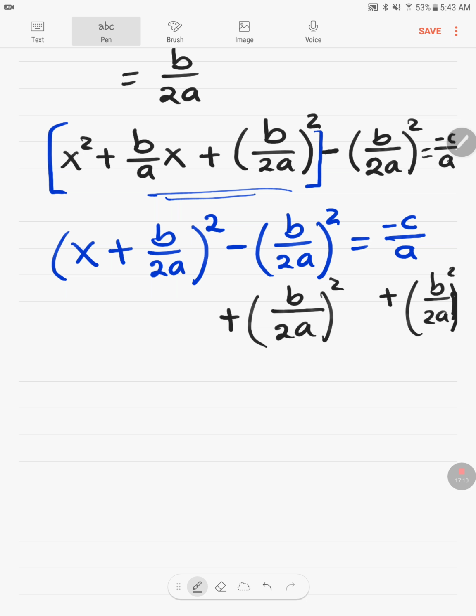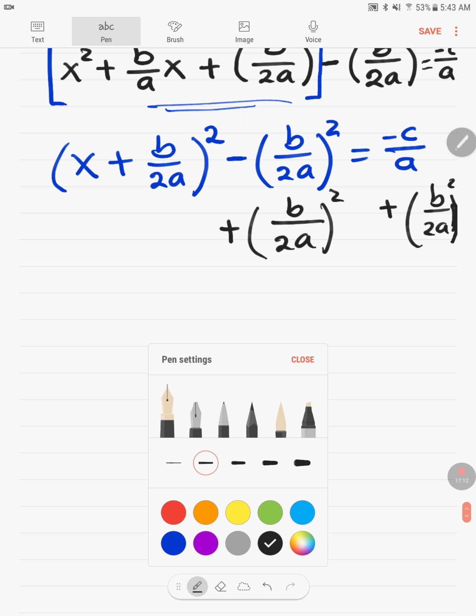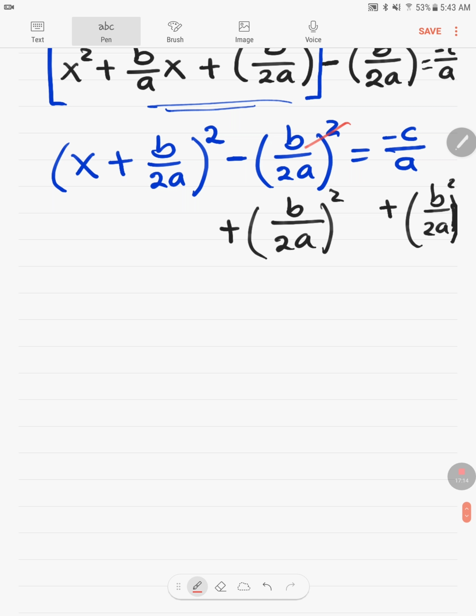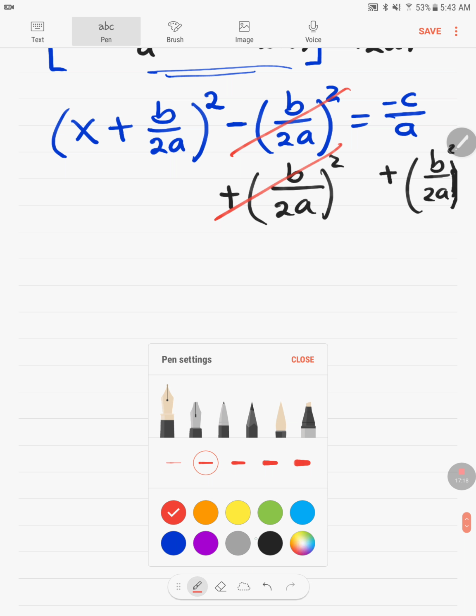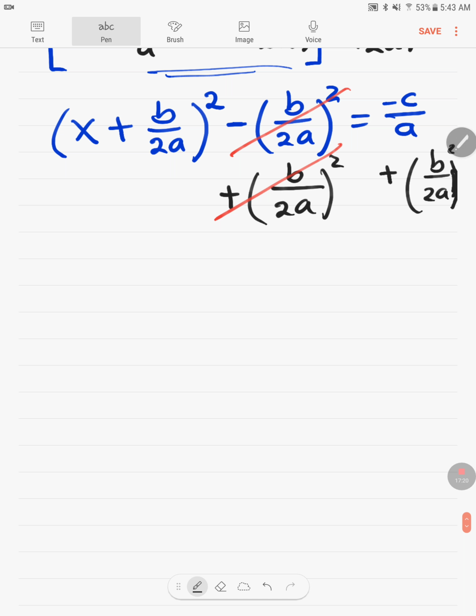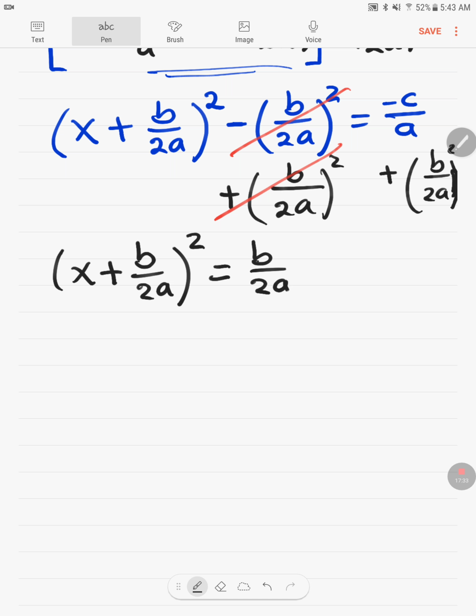Now, by adding these two quantities, they cancel or they become 0. And those two quantities add up, so it's x plus b over 2a squared is equal to b over 2a minus c over a.